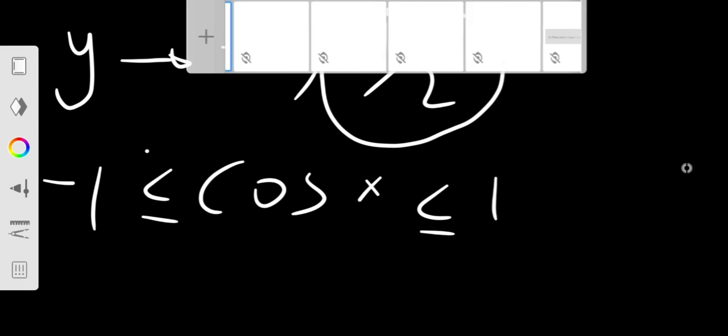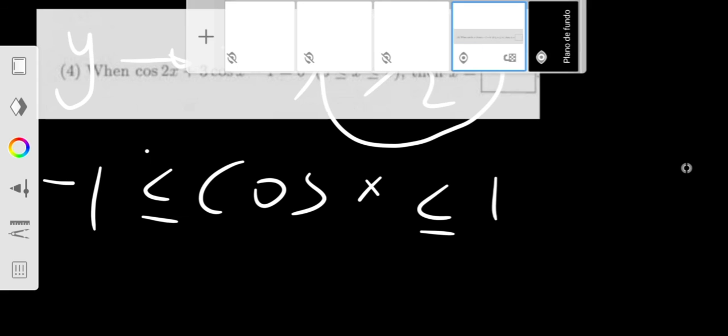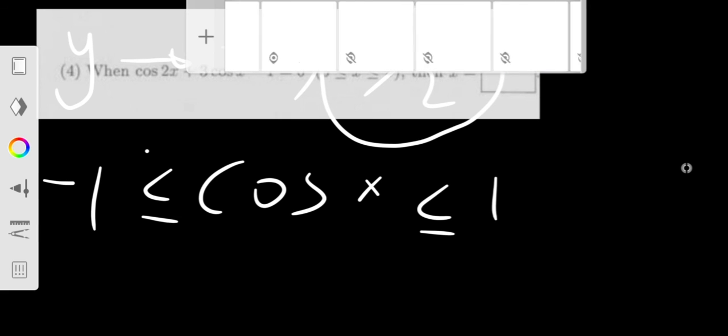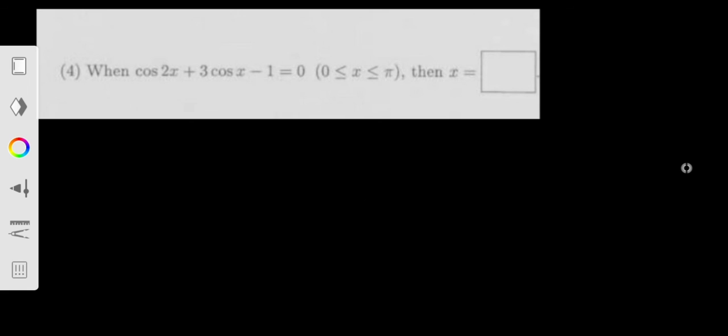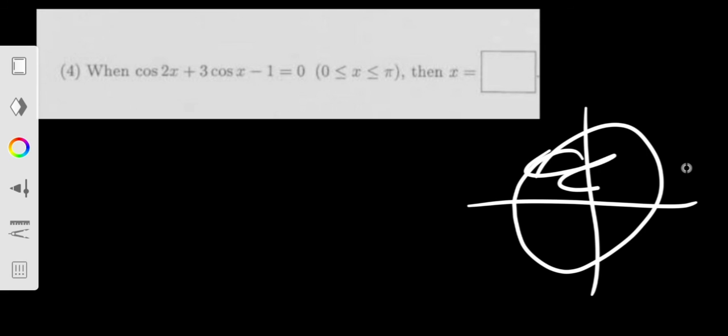Okay, and now we need to find where is the interval he gave us. So what is happening over here? Okay, so he is telling us that x is from 0 to pi, so it is in this part over here.